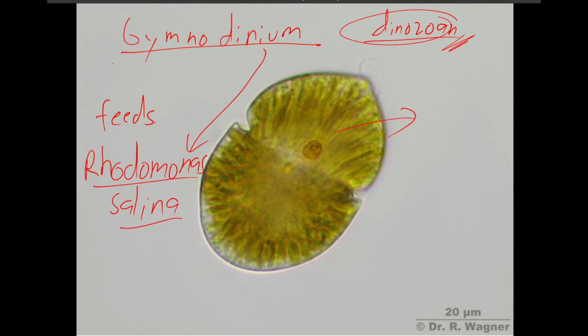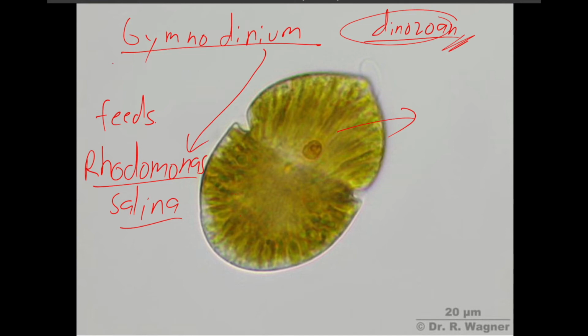So when it feeds on this algae, of course, it will digest the other cellular structure of the algae, but then it will leave the chloroplast. No, it will not digest the chloroplast right away.